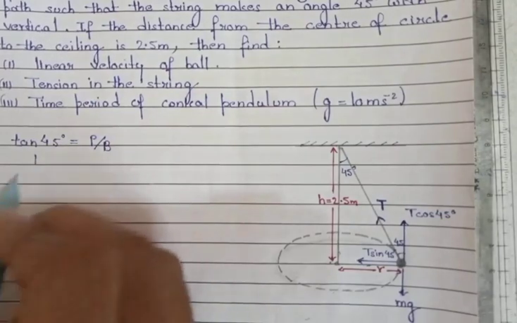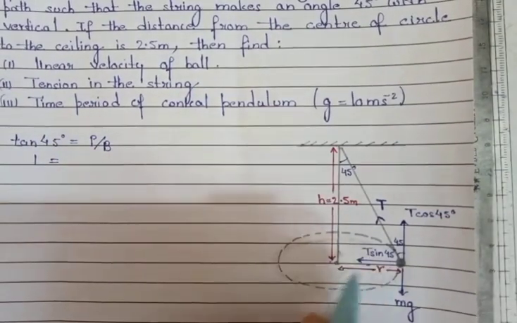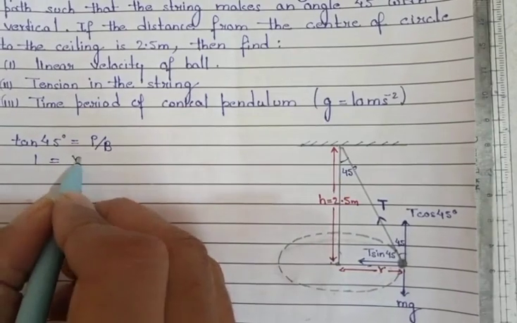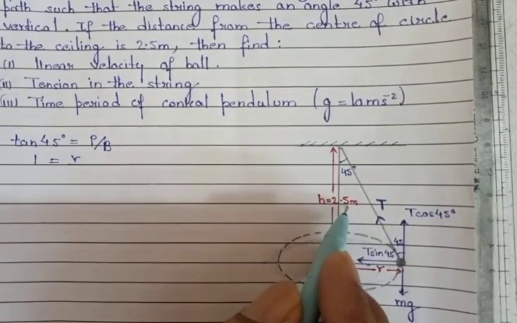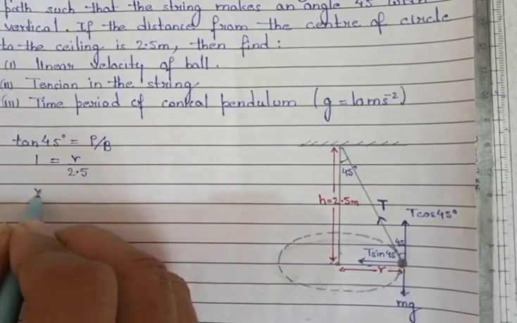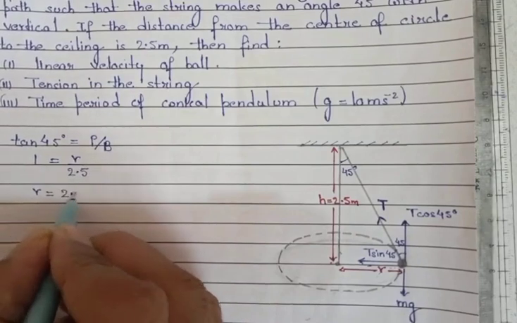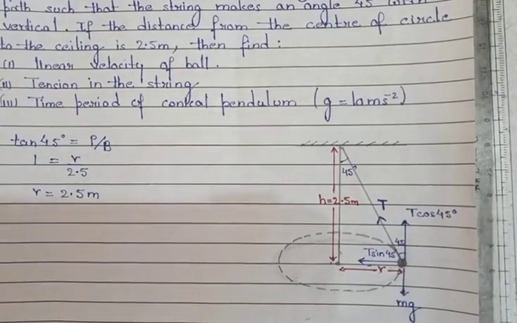Tan 45 is 1. Perpendicular, opposite to 45, will be r, and base will be this portion, that is 2.5. So from here we are getting radius as 2.5 meter. So we have got the radius.